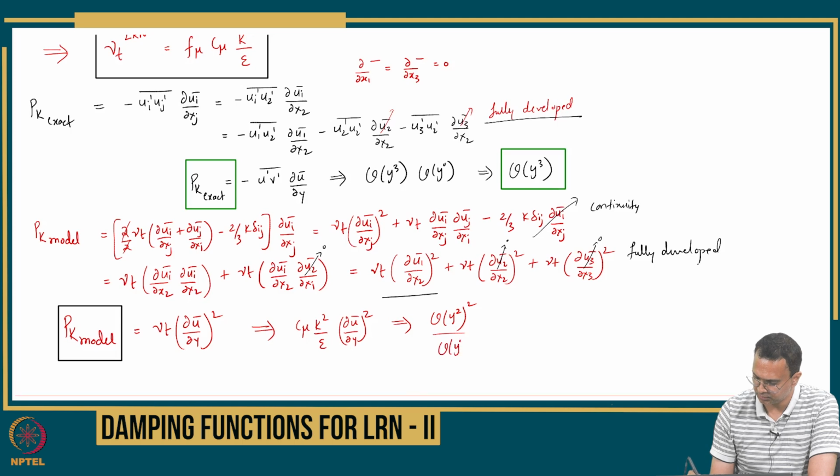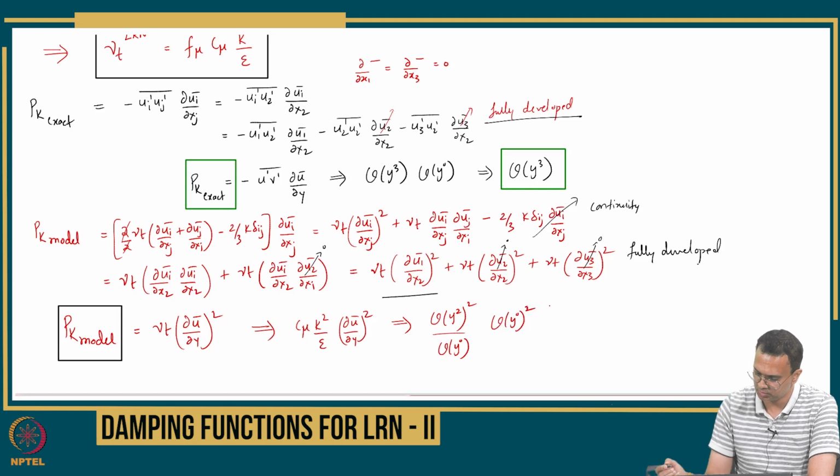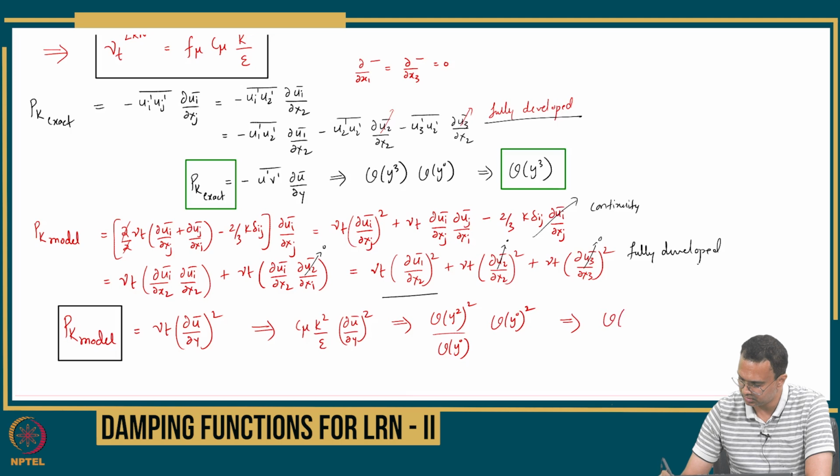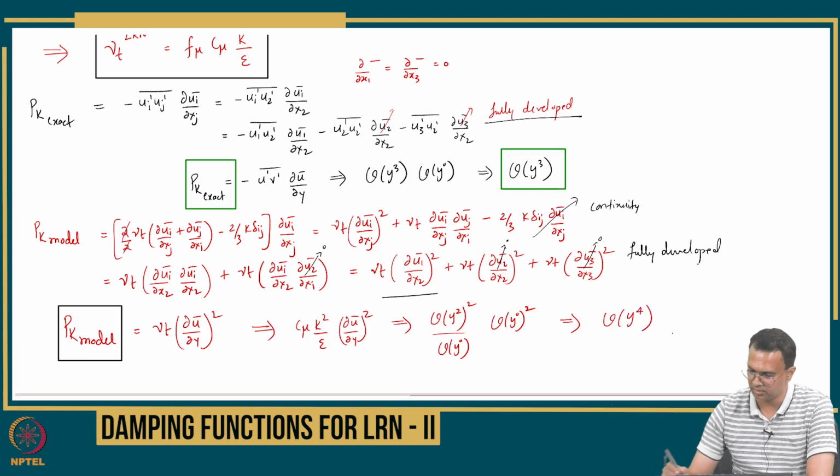Epsilon has no y dependency, and dou u bar by dou y will have no y dependency again. So that is essentially giving me y4 behavior.